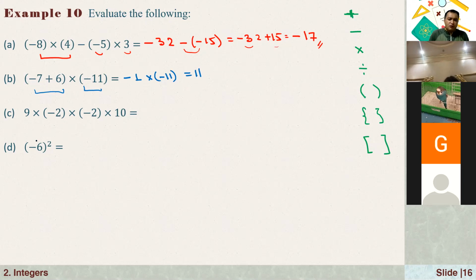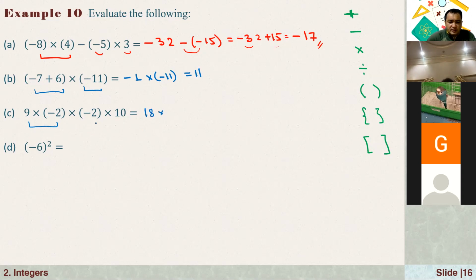How about question C? We should multiply 4 numbers together. I will do one by one. First, multiply the signs: positive 9, negative 2, negative 2, positive 10. Positive times negative is negative. Negative times negative is positive. Positive times positive is positive. So the answer will be positive. Now 9 times 2 is 18.